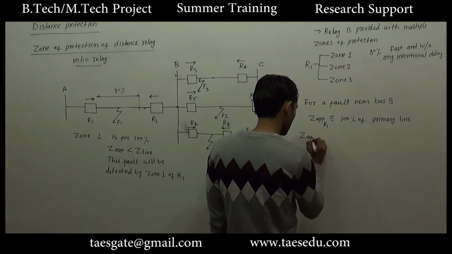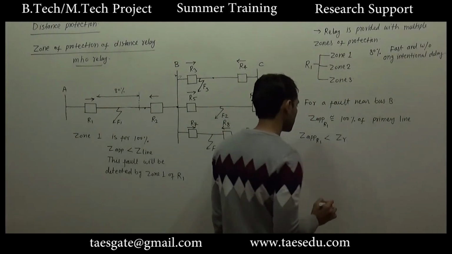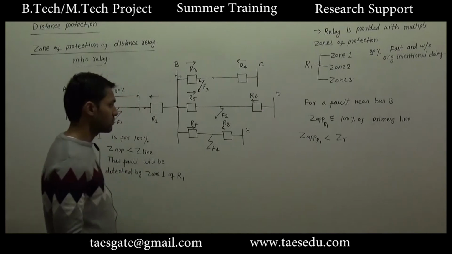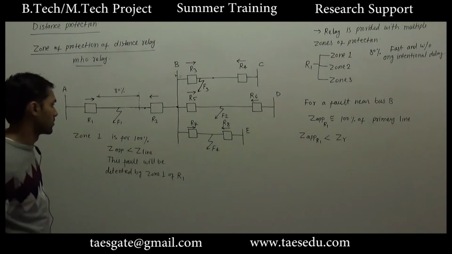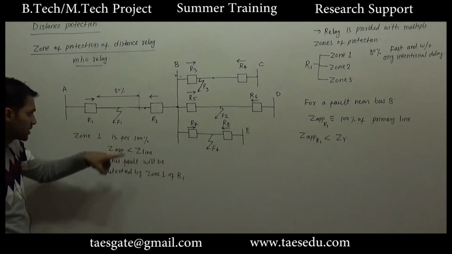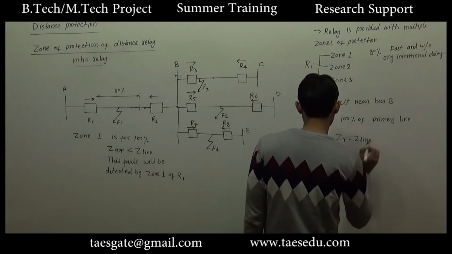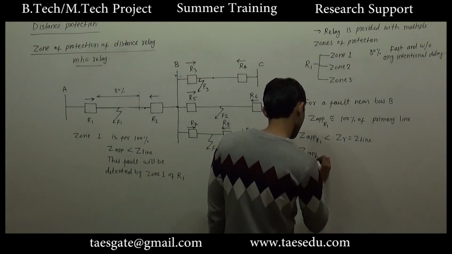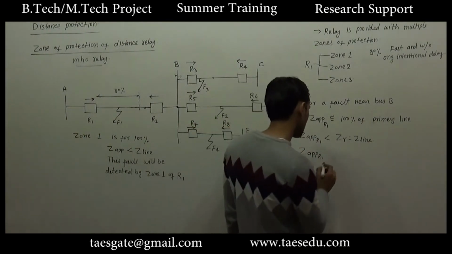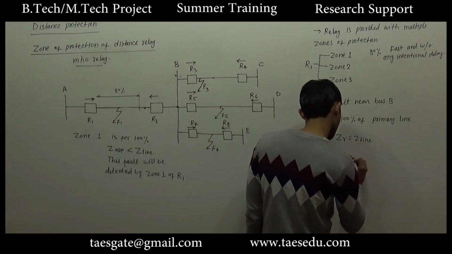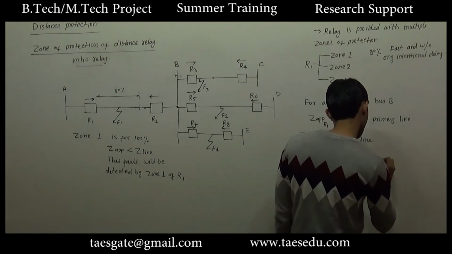And for fault detection, if Z apparent of R1 is less than the Z reference of zone 1 protection of R1, which is 100%, that is Z line, we will say that relay 1 will operate.